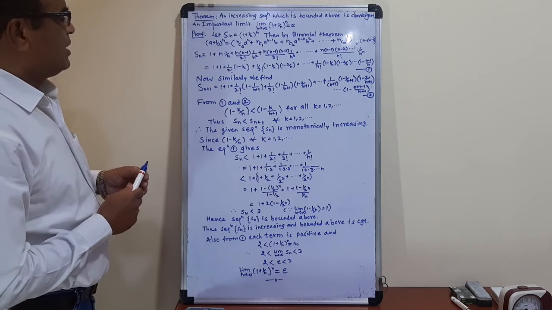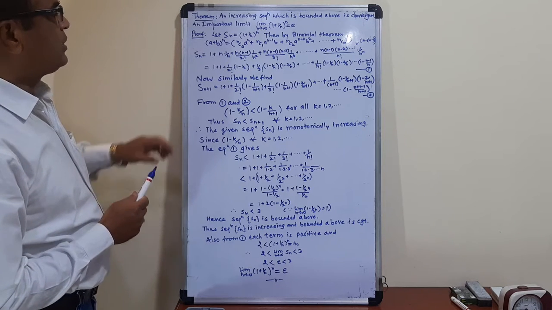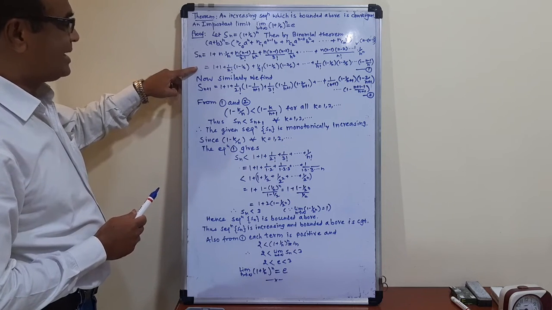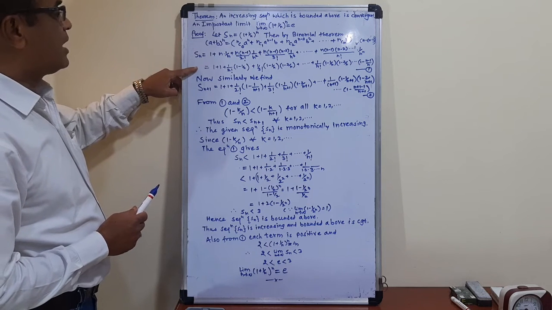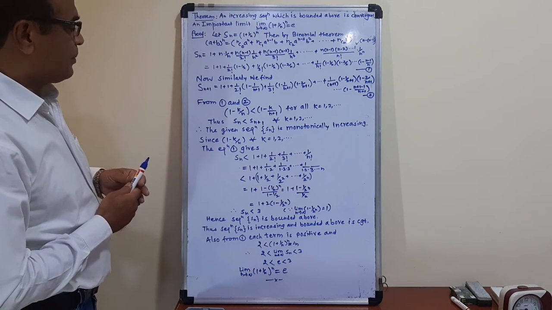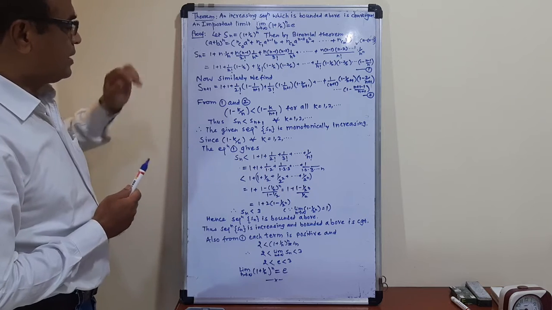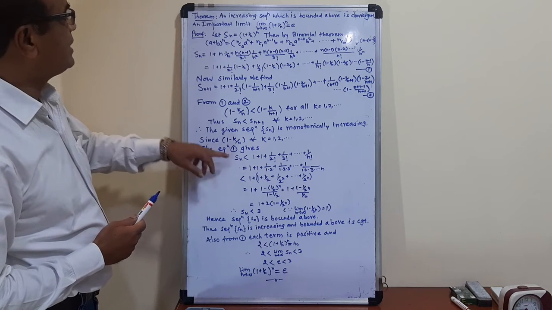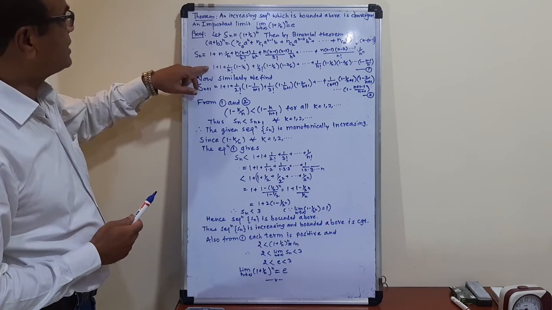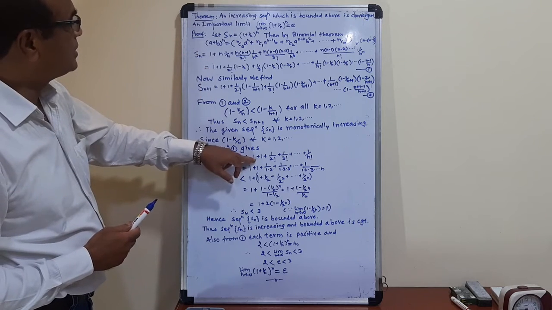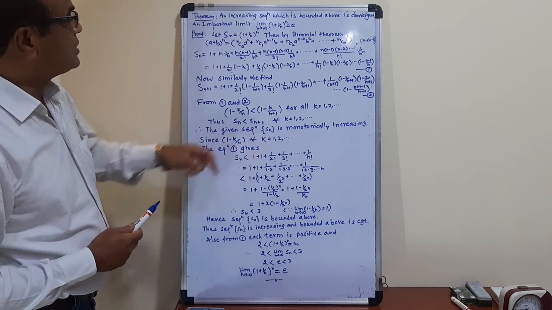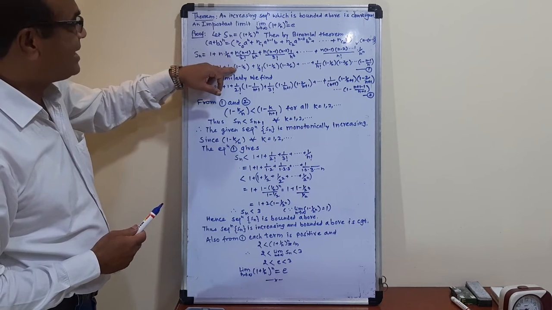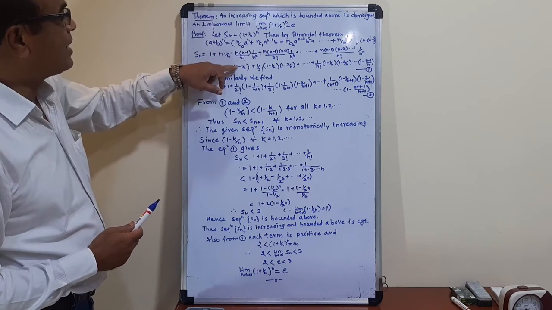So from equation 1, okay, so this is Sn here. From equation 1, Sn is this. So 1 as it is, this 1 as it is. So 1 minus 1 upon n.